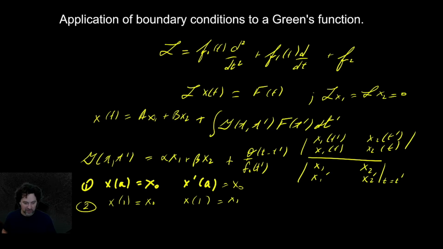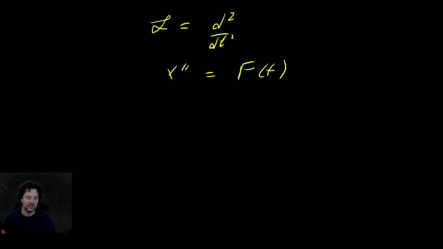We have those results from two different methods in the book for each of these conditions for the very simplest differential operator of second order. Specifically, if we have a differential operator of d squared dt squared, so that is x double prime equals f of t, we can easily construct homogeneous solutions for this.